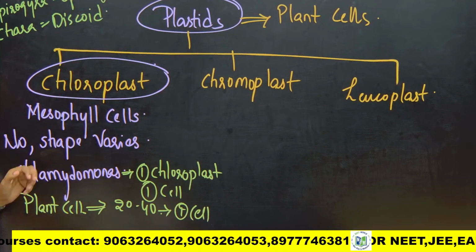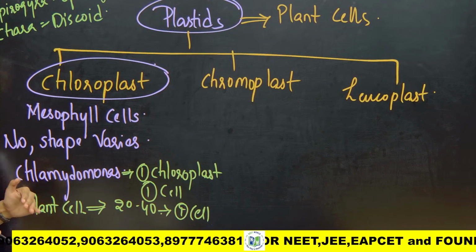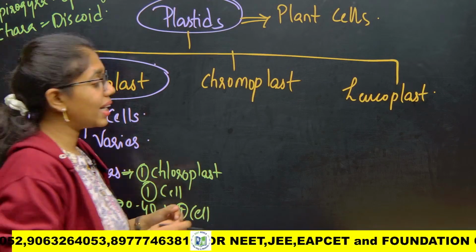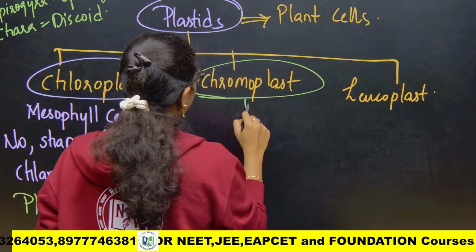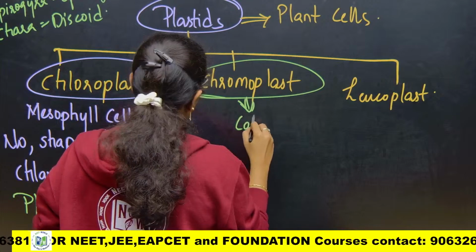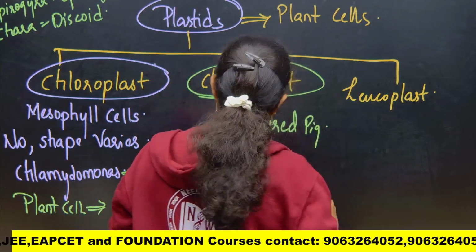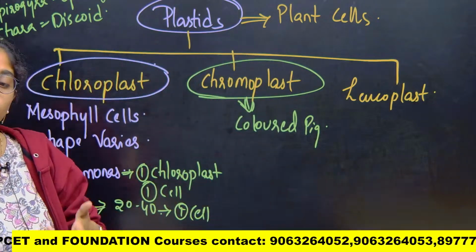Fine. This is completely about chloroplast. Chromoplast has different pigments called colored pigments. Carotenoids, xanthophylls. These can be fat soluble pigments or water soluble pigments.